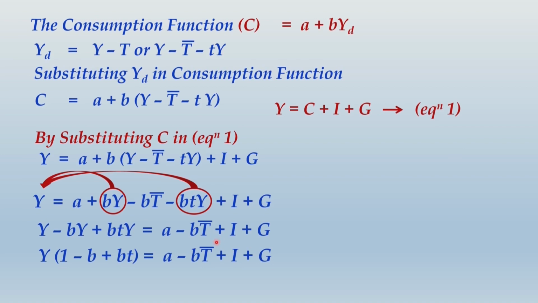And if I observe one more point, here the second term and third term both have B as common, so I can take one more step over here, that will be Y into 1 as it is. I have taken minus B as common, so minus B into 1 gives minus B, and minus B into minus t gives plus Bt. So I am sure you understand the changeover from this line to this line. Right hand side I don't have to explain, it remains as it is.